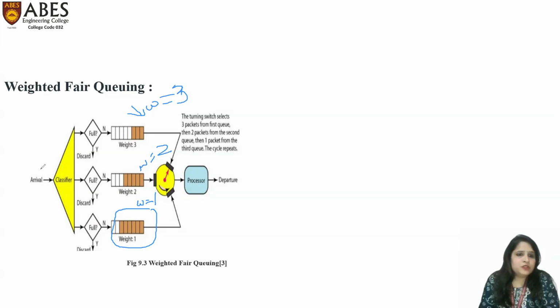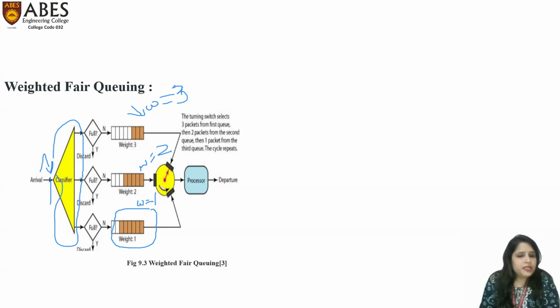The entire procedure is the same. Suppose a process comes into the network. First it goes to the classifier. On the basis of the information contained, the classifier first checks if the queue is full. If the queue is full, it is discarded. Otherwise, the higher priority process is assigned to Q3, whose weight value is 3.